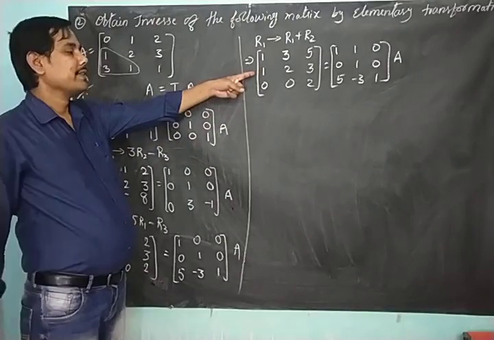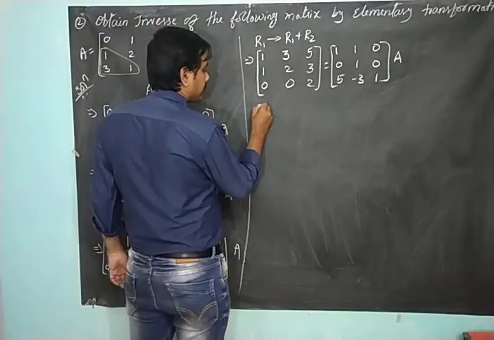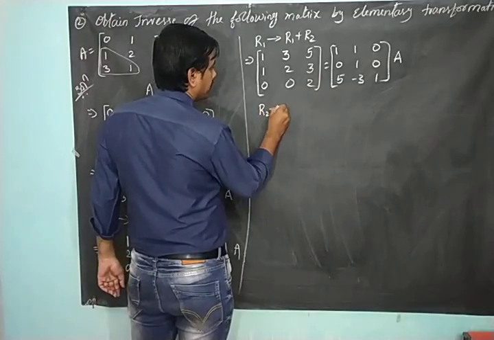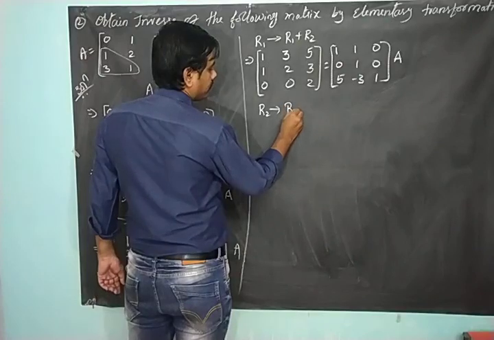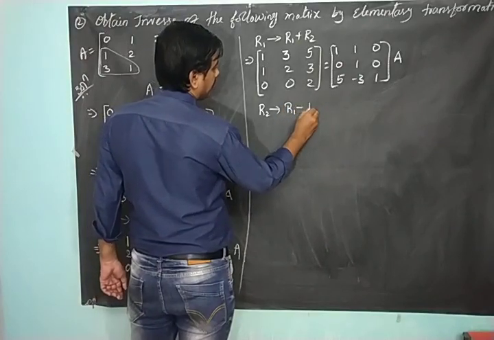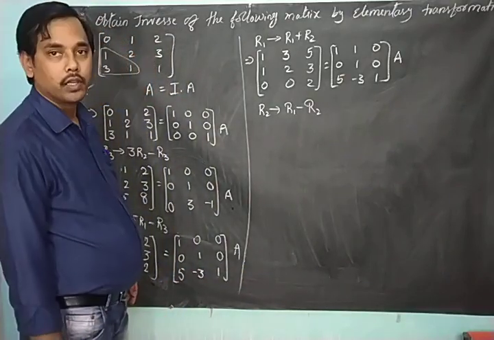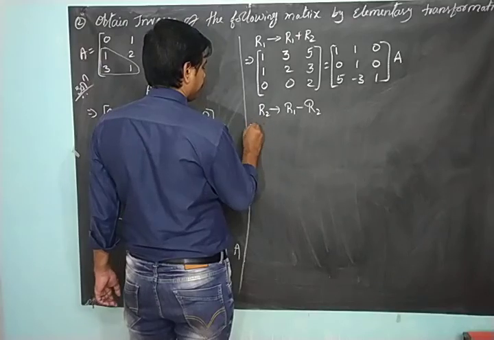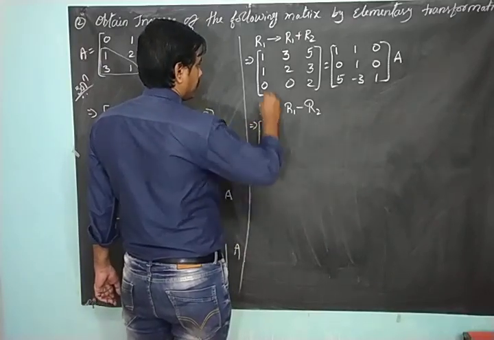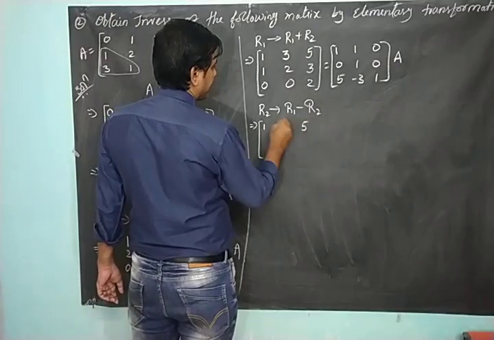So now this one we can make it as 0, right? So R2 changes to R1 minus R2. R2 changes to R1 minus R2. Okay. So 1, 3, 5 as it is.